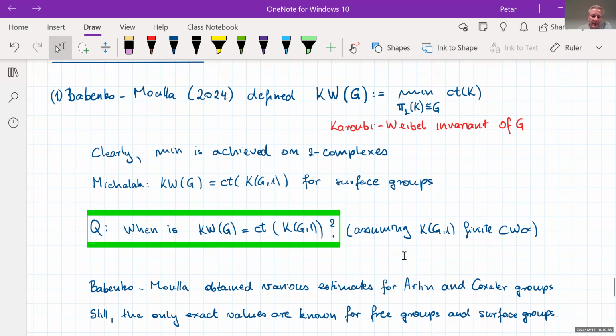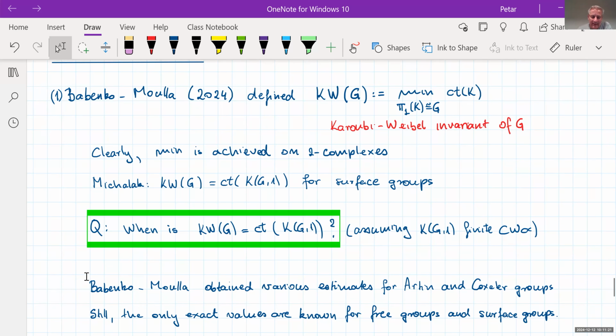Okay. Now they computed a lot of estimates for different groups, usually groups which have some explicit constructions. So for Artin groups, for Coxeter groups, and this includes free abelian groups and some cyclic groups and so on.